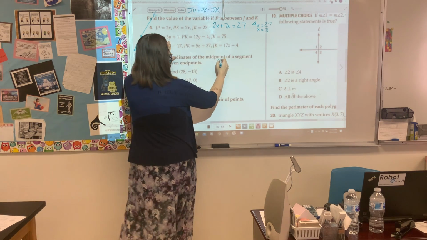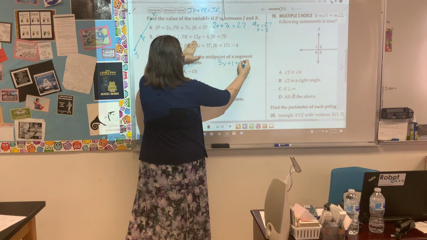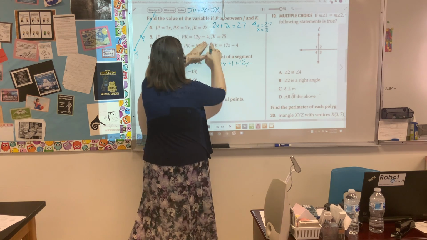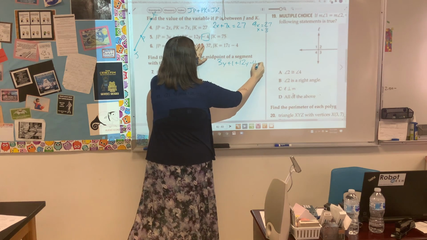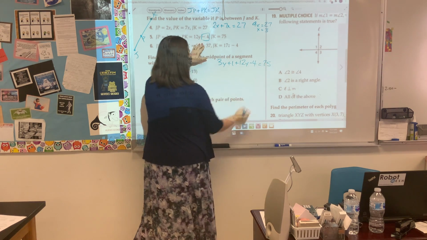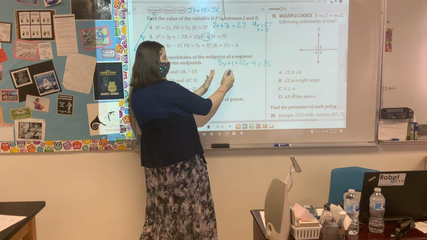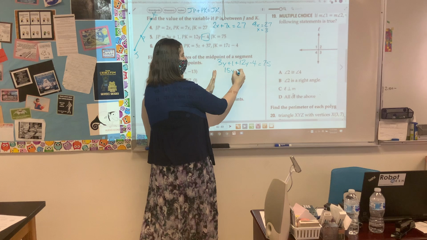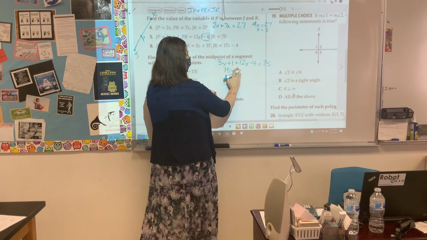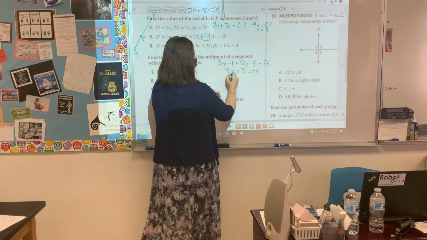3y plus 1 plus 12y minus 4 equals 75. Combine your like terms. Combine 3 plus 12, 15y. Then 1 plus negative 4 is negative 3. 15y minus 3 equals 75.